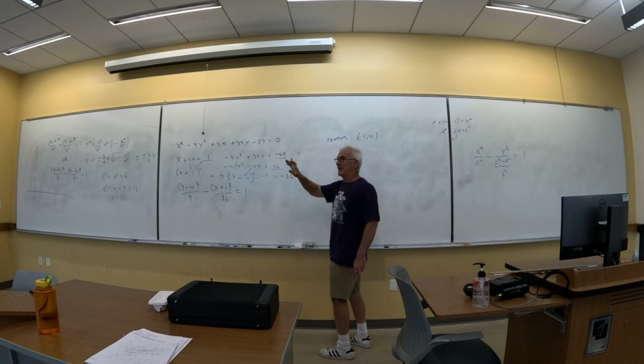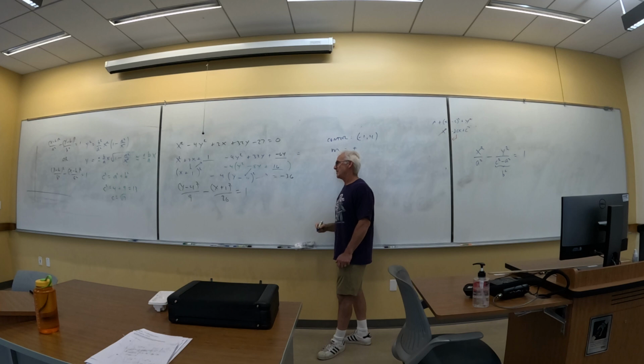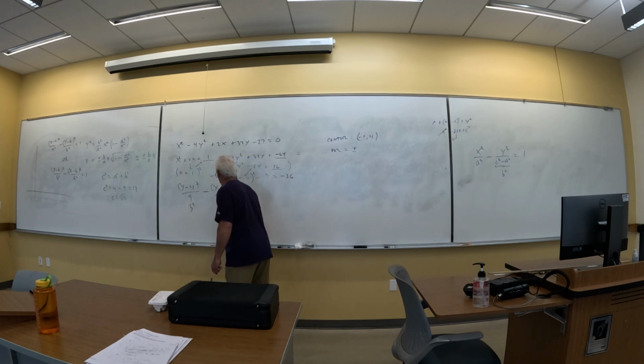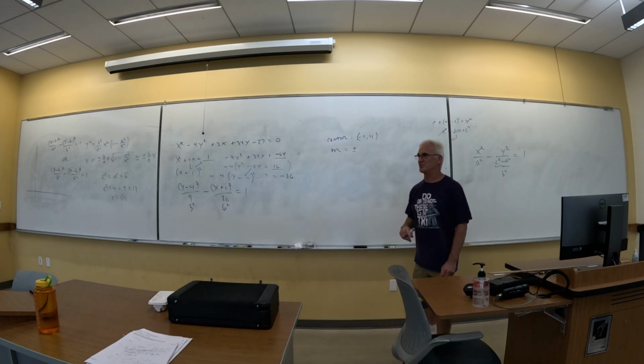Before I indicate what my asymptotes are, I always like indicating what are my slopes. Plus or minus what? 9 over 36, 36 over 9, either one of those? No, that's a 3 squared, that's a 6 squared. So it's plus or minus what?